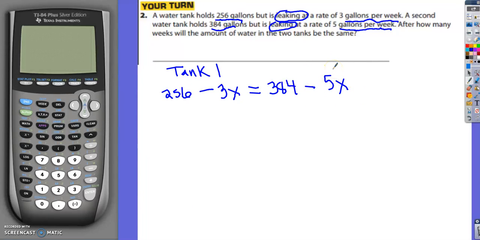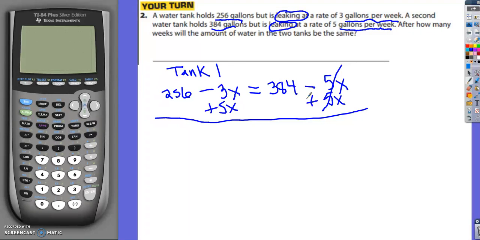Remember, I want to put the variables to one side, but I want it to be a positive value. So in order to do that, I could get rid of the minus 5x here by doing the inverse, which is plus 5x. Once I do that, that will get me a positive variable. Because this cancels out, a minus 3x and a plus 5x is a 2x.